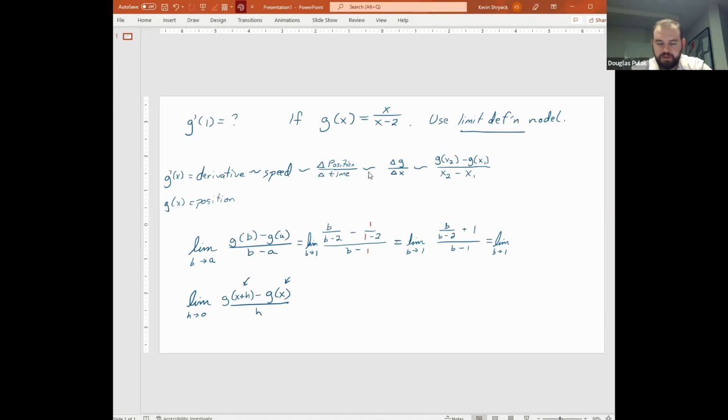But the problem I have, and maybe the problem is that I'm skipping a step, is that the limit is B going to 1, and you plug in 1 for B, and you get a divide by 0 error.